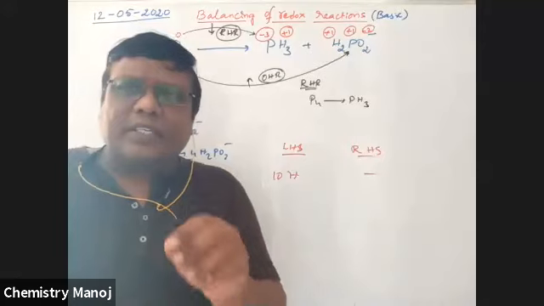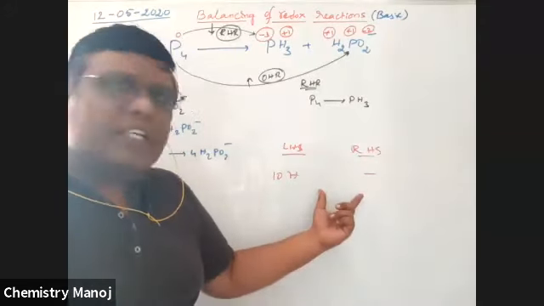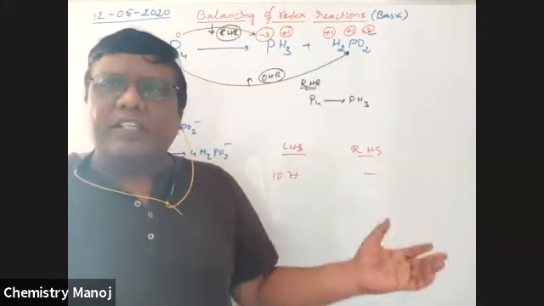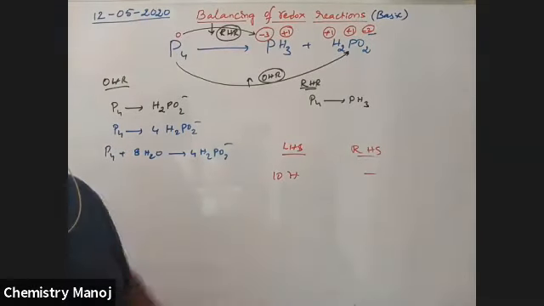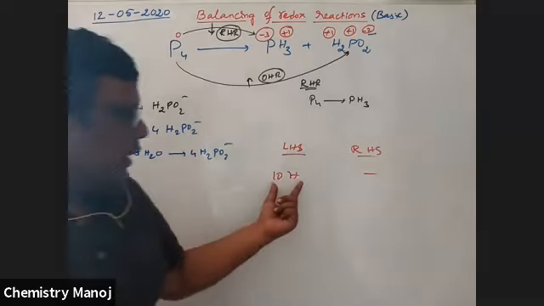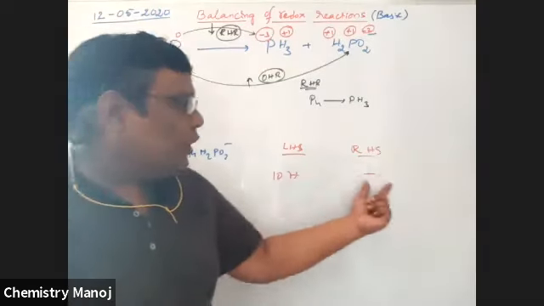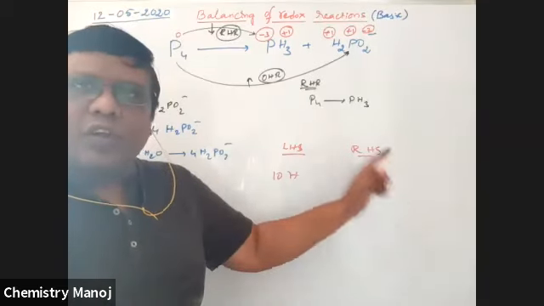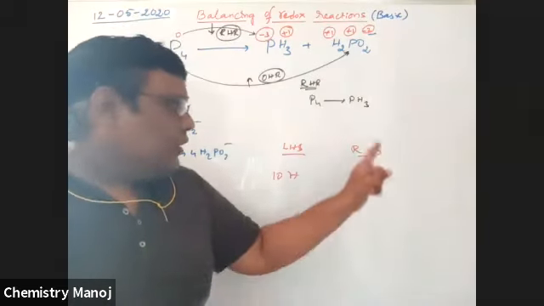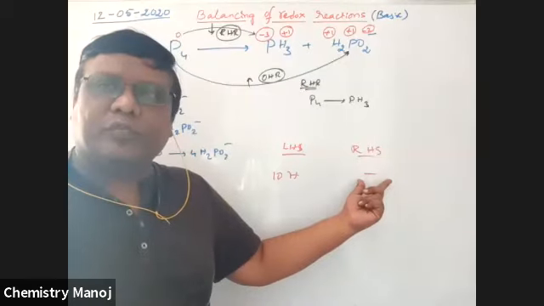Please listen carefully. It is the only distinguishing point between the acidic medium and basic medium. Before and after, it is as usual, just like the previous case. So 10 hydrogens in LHS, no hydrogens in RHS. Where are hydrogens short? RHS. How many? 10 hydrogens are short here.